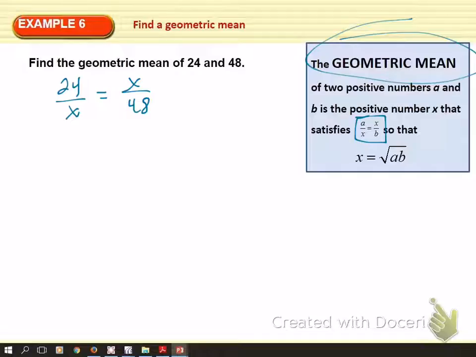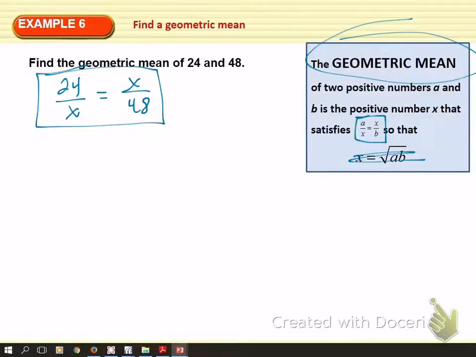Now I know what this says over here, and I don't want to do it this way. There is a shortcut. When you find the geometric mean of 2 numbers, there is a quick way to do this. But if you will get into the habit of setting up this proportion every time, this will make your life so much easier when we go to right triangles next semester, okay? So set the proportion up every time. That's the definition of the geometric mean, so let's keep doing it, right?